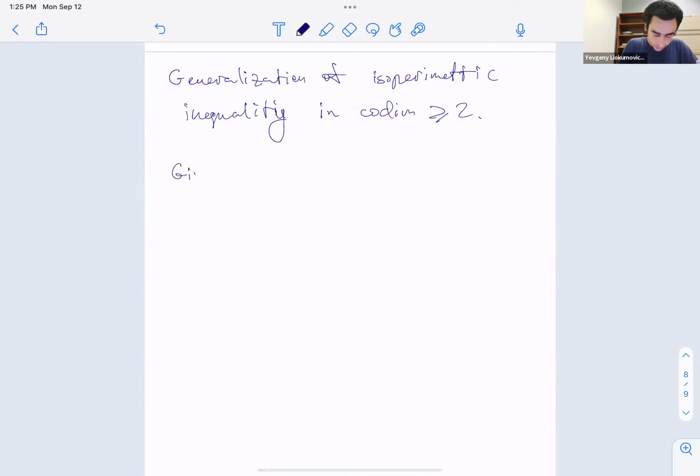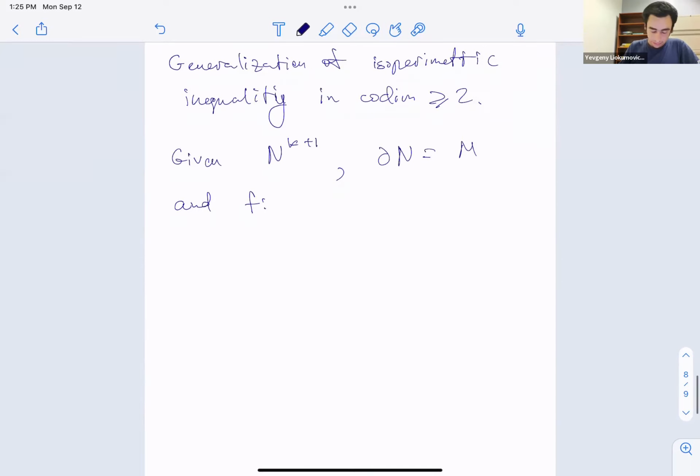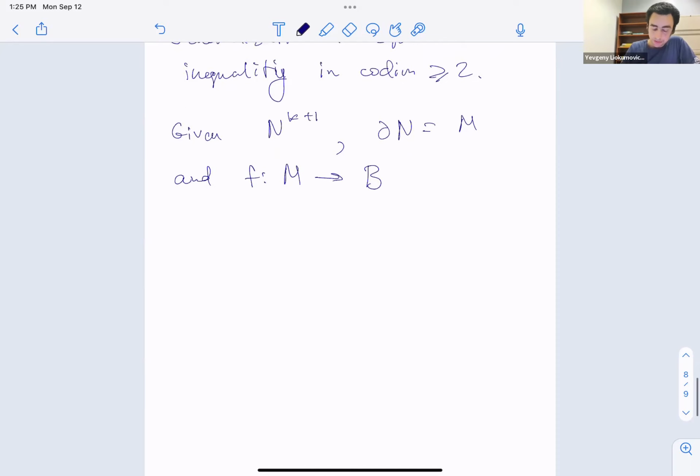So say we are given a k+1 dimensional manifold N with boundary of N equal to M, and we are given a map from M to some ambient space B, some Banach manifold, for example. Then we can state the isoperimetric inequality in the following way.